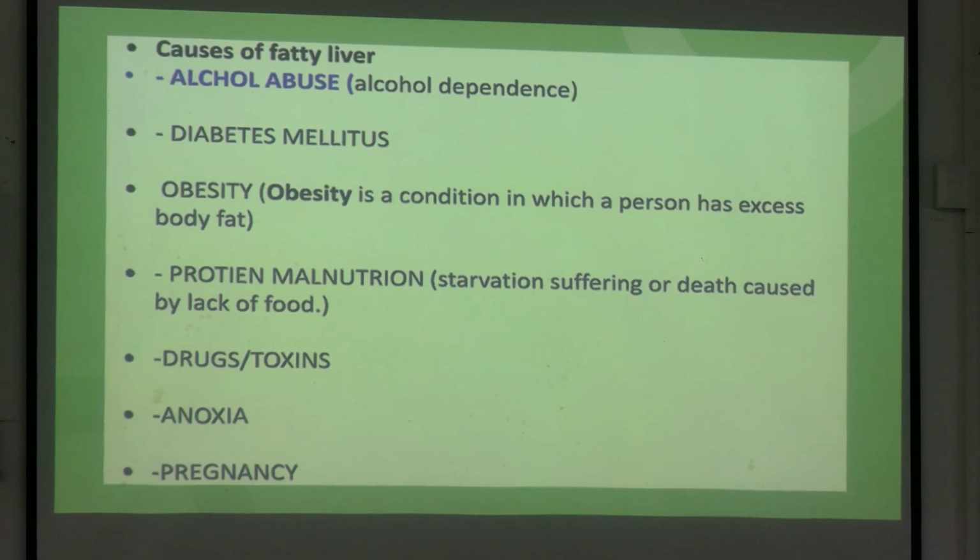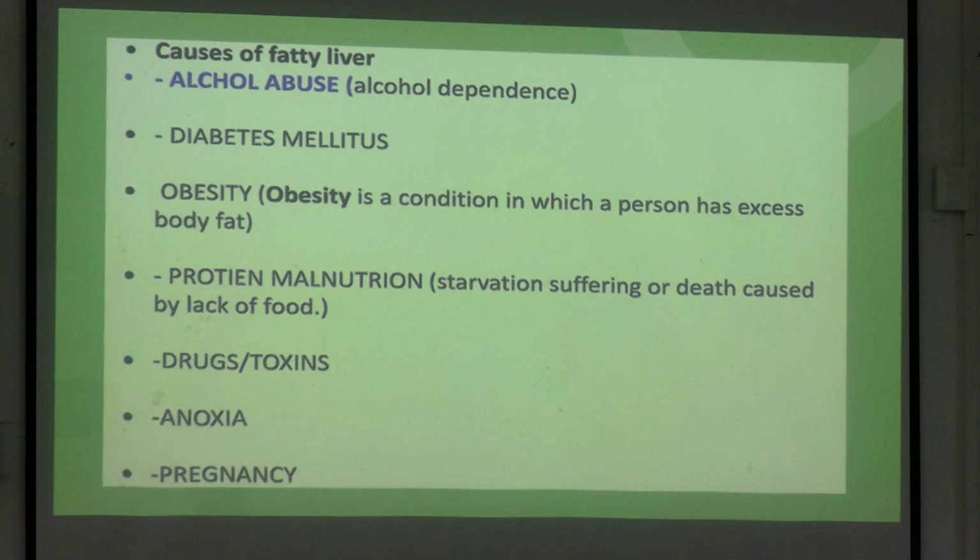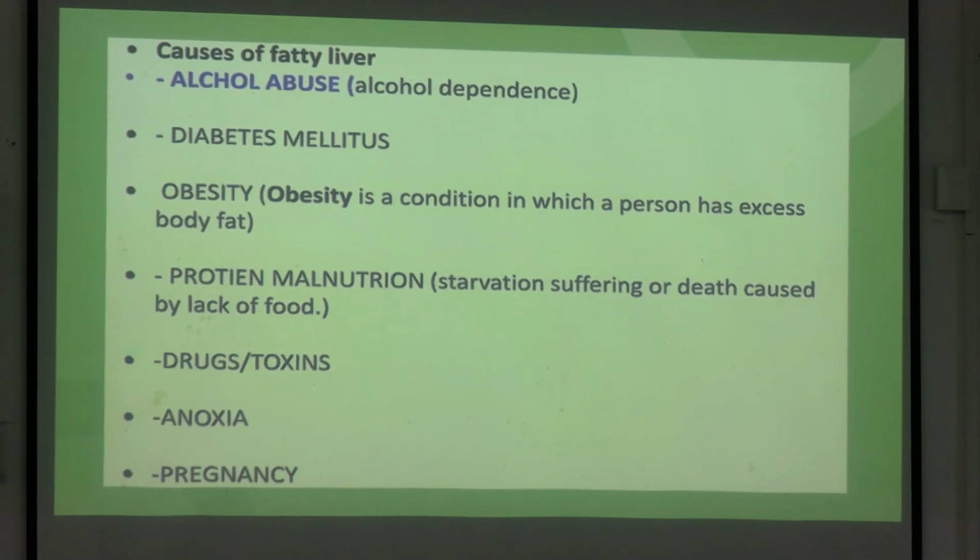Next, causes of fatty liver. The culprit is chronic alcohol abuse, alcohol dependence. Diabetes mellitus is also important for metabolic derangement and fatty liver, or steatosis of various organs. Obesity, morbid obesity, BMI more than 30, more than 33, are generally associated with fatty liver.